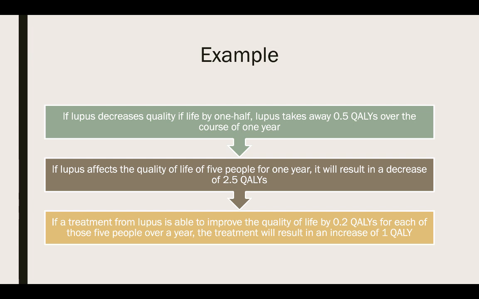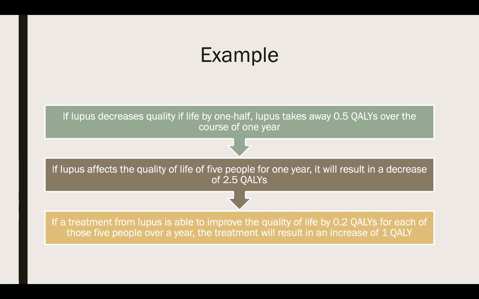So for each illness or each health state, I've got qualities being taken away from me, even if I have the flu. I've got a fraction of a quality that's being taken away from me, and each treatment will add qualities to my life, quality adjusted life years.